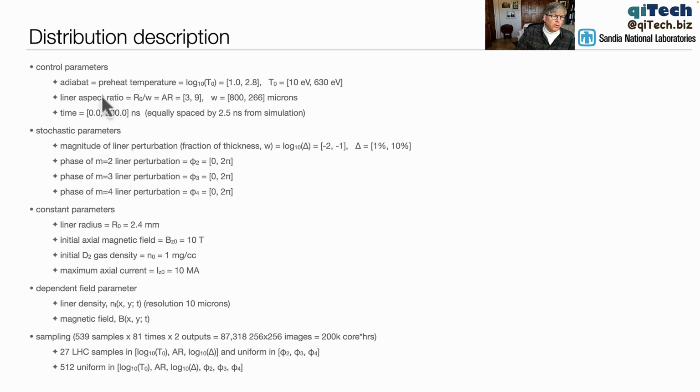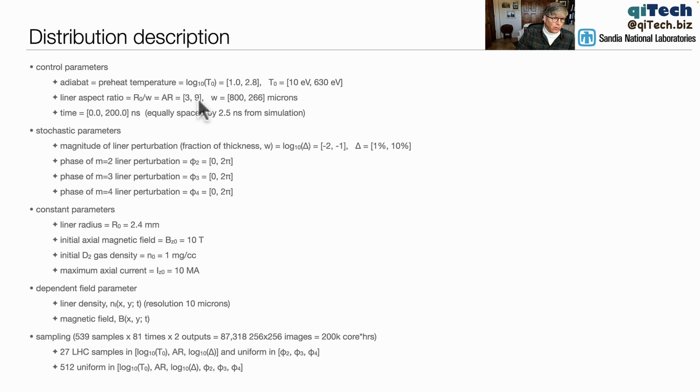The second important control parameter is the liner aspect ratio. That was sampled linearly between 3 and 9, which corresponds to thicknesses between 800 down to 266 microns. The higher the liner aspect ratio, the higher the acceleration and the higher the linear growth rate of the magnetic Rayleigh-Taylor instability.